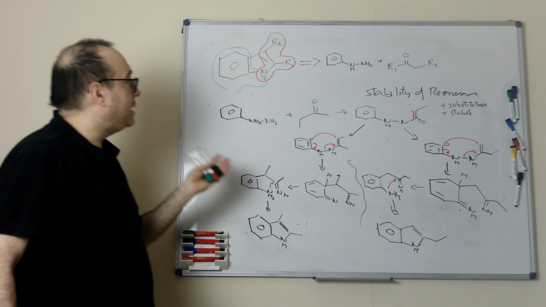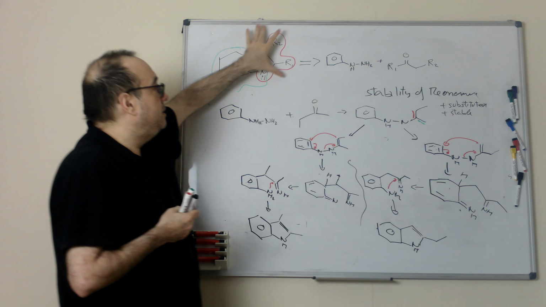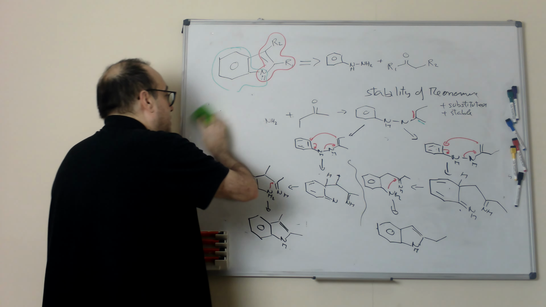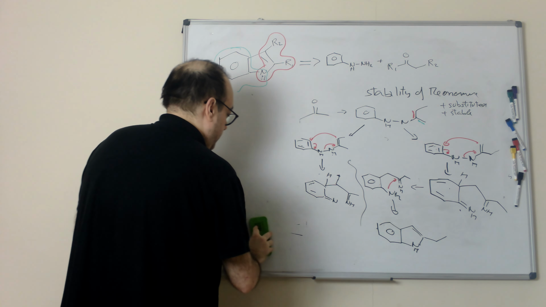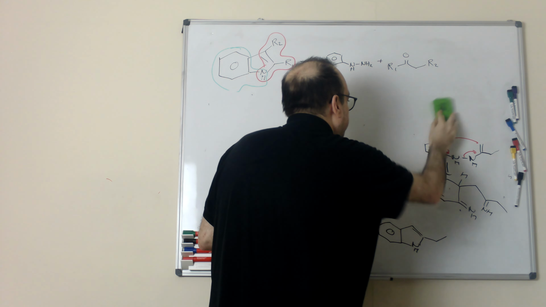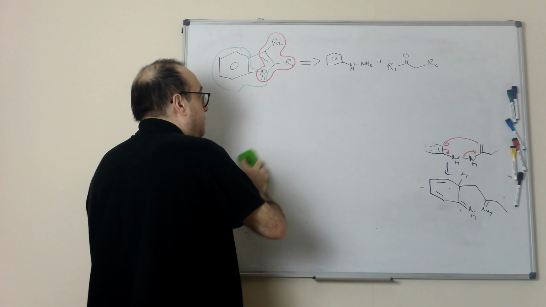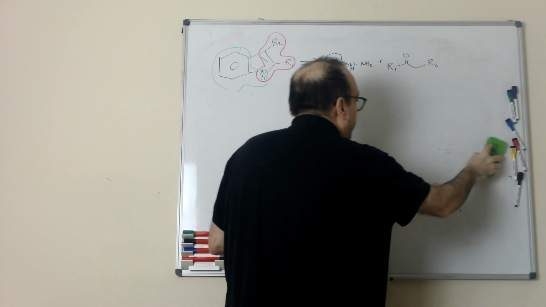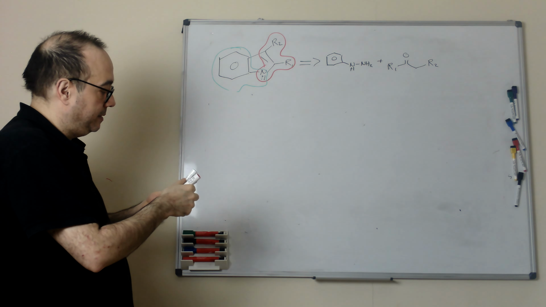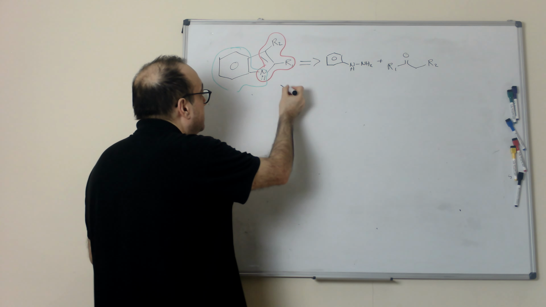Then, how can we do it if we have an asymmetric ketone? When we do this disconnection, we have an asymmetric ketone. Well, what we need to do basically is, instead of this disconnection, we will do this disconnection.